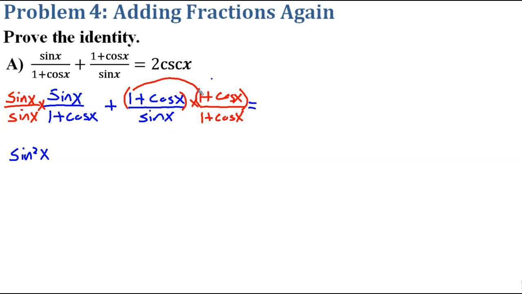First, 1 times 1 is just plus a 1. Outer, 1 times cosine x is plus cosine x. Making a mess here, but oh well. Inner, cosine x times 1 is plus another cosine x. And then last, cosine x times cosine x is plus cosine squared x.